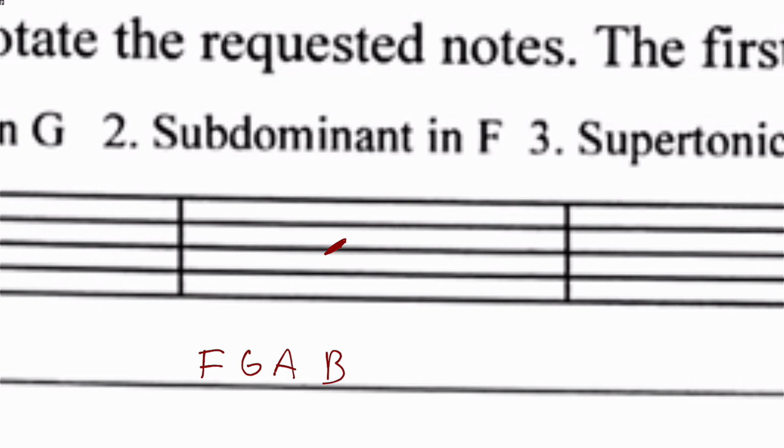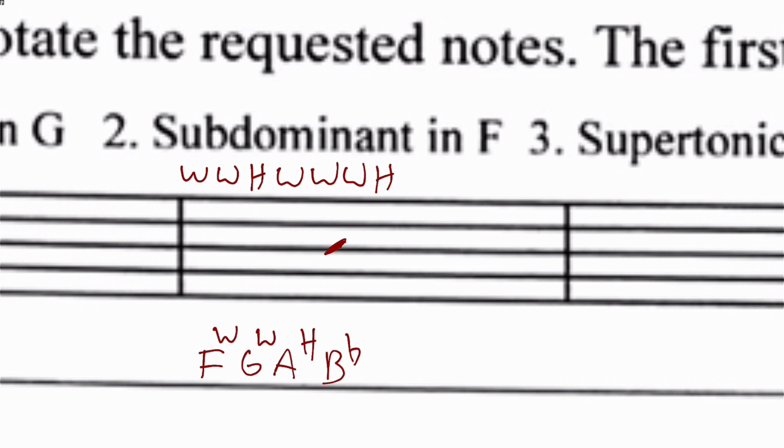Well, we have to use the major scale pattern to figure it out, which is whole, whole, half, whole, whole, whole, half, right? So I go, that's a whole, that's a whole. A to B is not a half. That's a whole. To make it a half, I'd have to make this B lower.